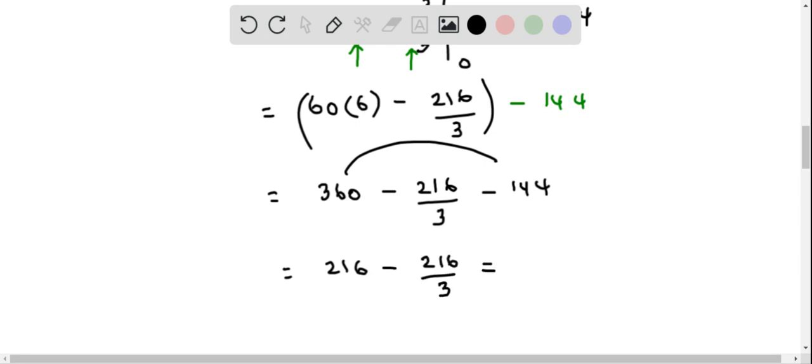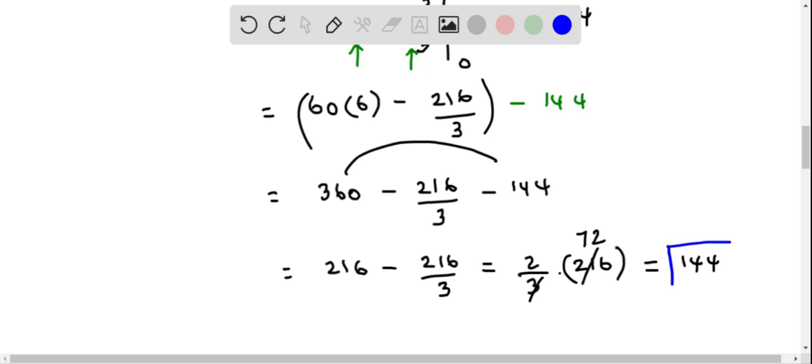So this equals 1 times 216 minus one third times 216, which will be two thirds times 216. We can divide this 216 by 3. This goes 72 times. So 72 times 2 is 144. So this is the consumer surplus.